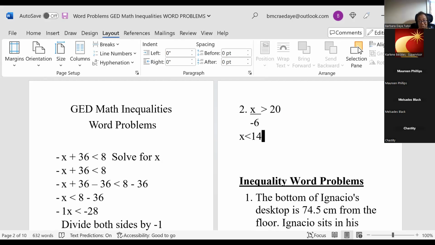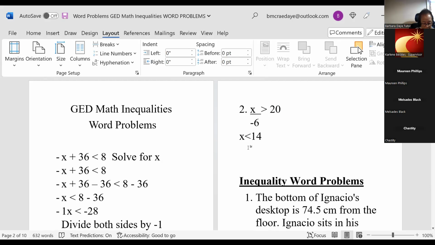What's the opposite of division? Multiply. You've got to multiply by the -6, right? Not subtract, because you'd only subtract if I said x plus 6. But this is a division.